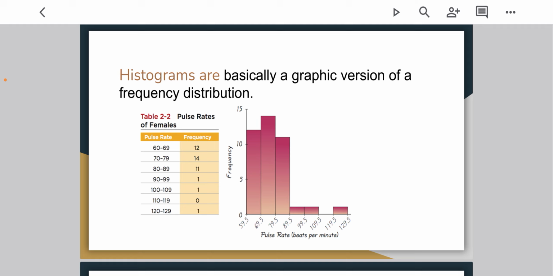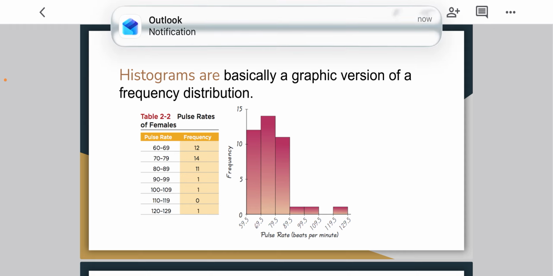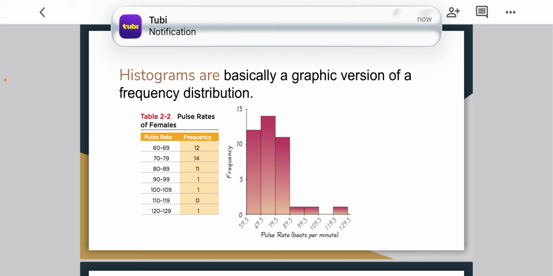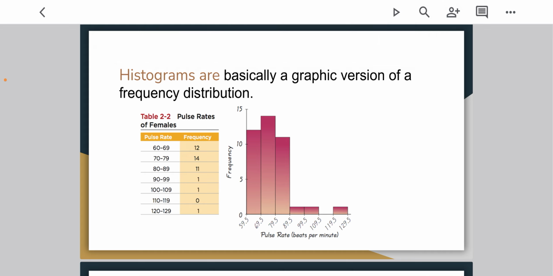If you look at the class 60 to 69 on the x-axis of the histogram, you see 59.5 and 69.5, and that's what we use for the edges of our bar. That's what we call our class boundaries, that we talked about when we were doing frequency distributions.